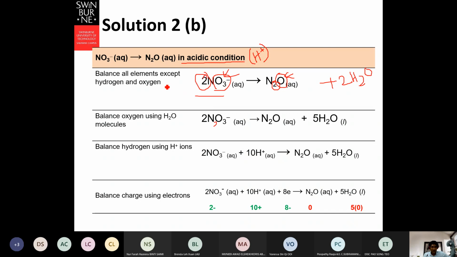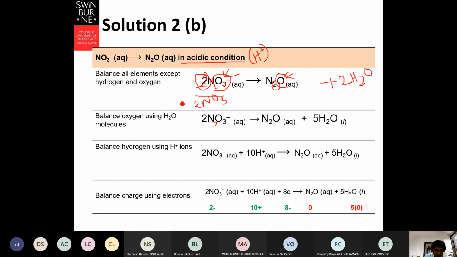But if we take 2 here, that means we already have 6 oxygen, because NO3 means 3 oxygen atoms for 1.